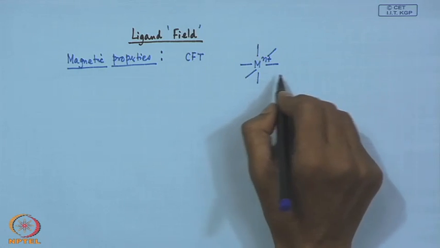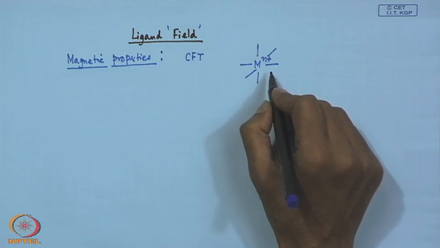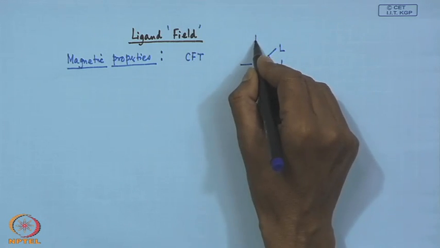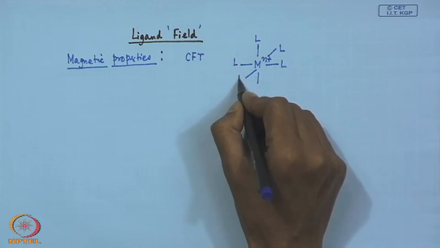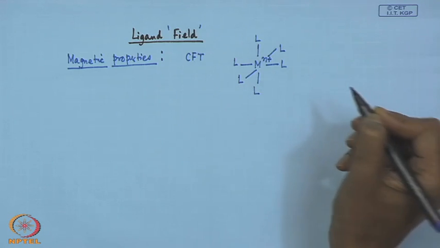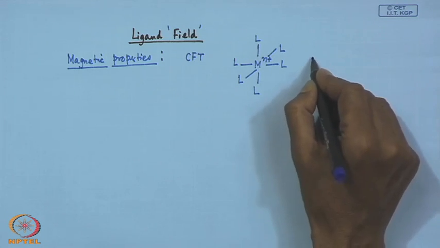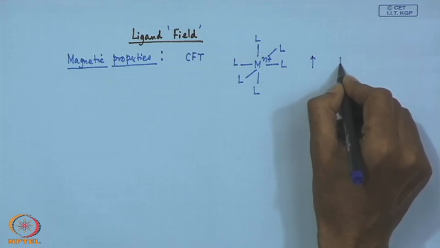So, without considering the corresponding bonding parameter between M and the different ligand donor atoms, we can talk about the corresponding orbitals which are occupying the different number of unpaired electrons.